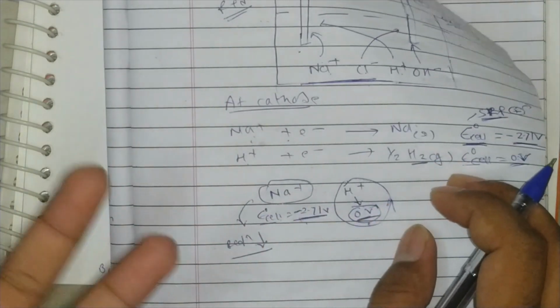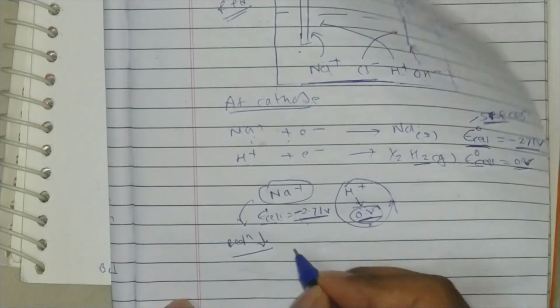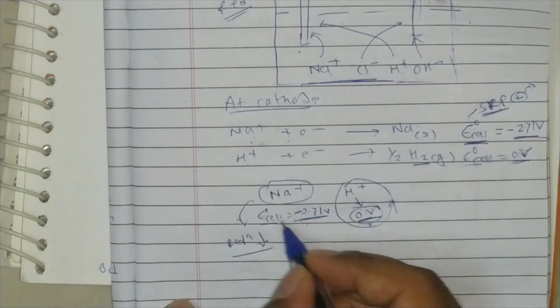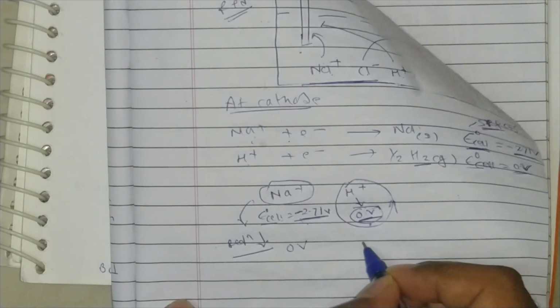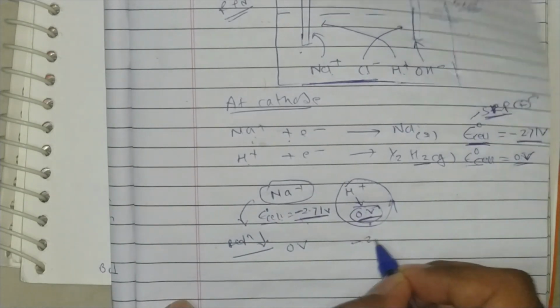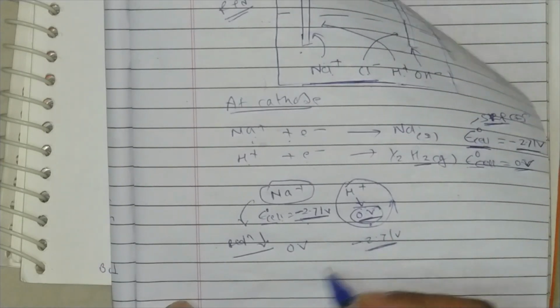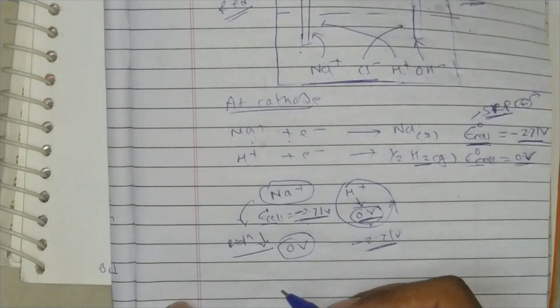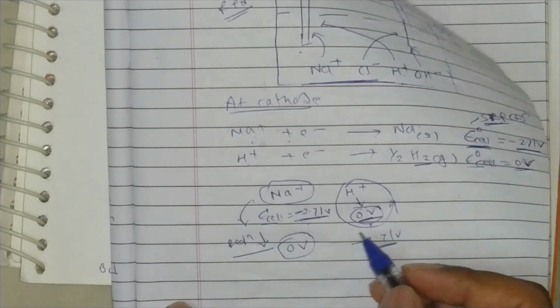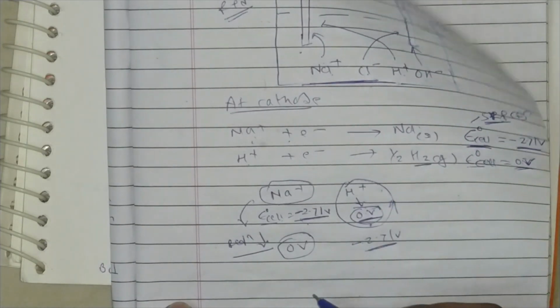If this was reversed, that is, the potential of sodium was 0 volt and the potential of hydrogen was minus 2.7 volt, then sodium could have undergone reduction preferably compared to hydrogen.